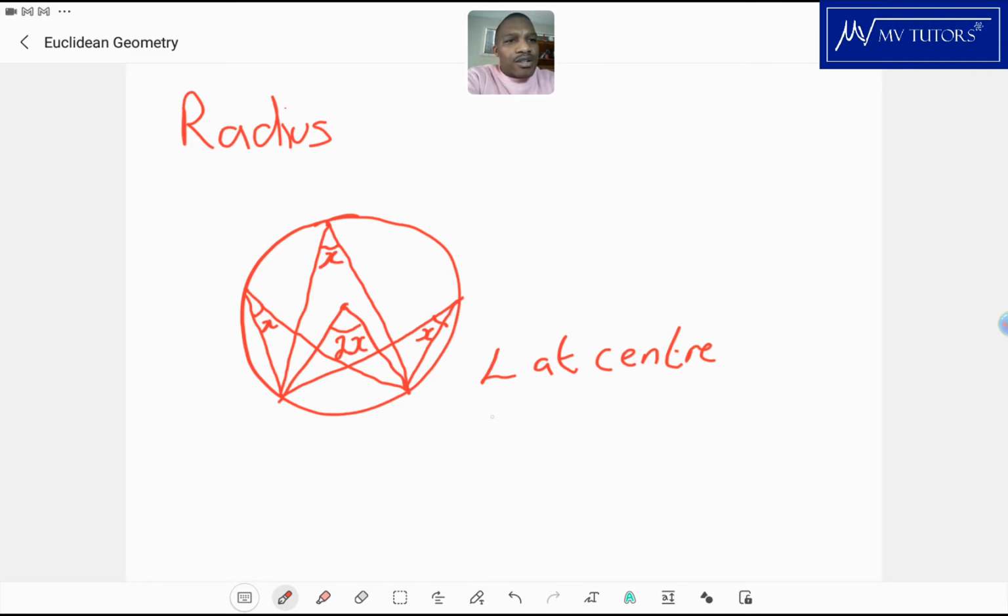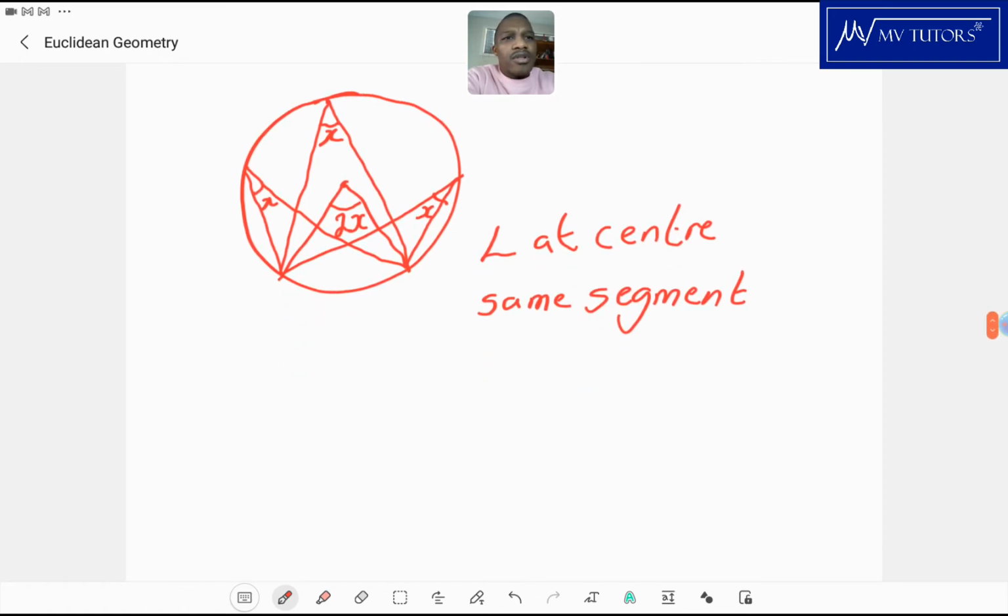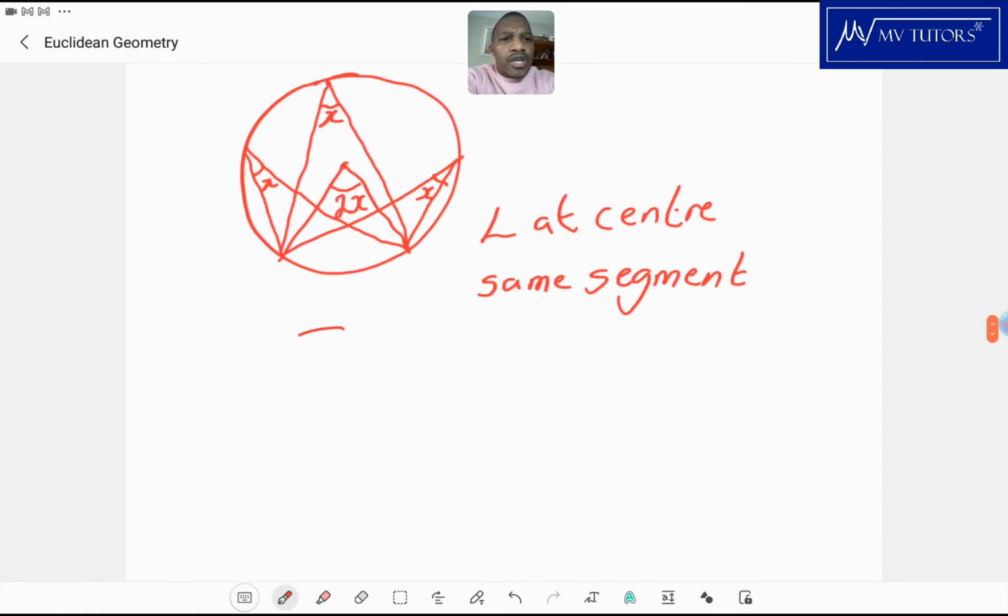So that reasoning, you just say same segment or same chord. It's up to you. You can use the word segment or chord, it's the same thing. The fact that they're from the same chord means that the angles they subtend are also the same. Now, let me just also add this one in. It's the same theorem.